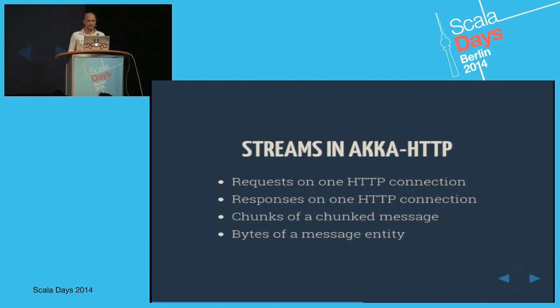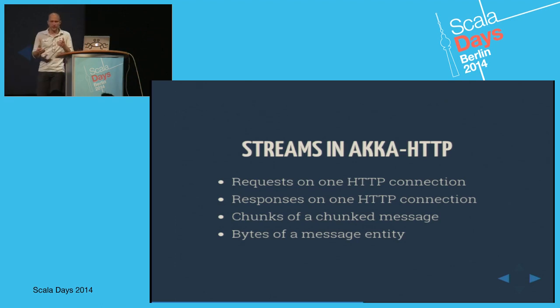It's another stream. Then if you think about chunked messages in HTTP, so messages that have transfer encoding chunked, they as well are a stream. There's a stream of chunks, maybe a stream of video or something that is being streamed. And even if you don't have a chunked message, you still might want to treat the bytes of the message, no matter whether it's a request or a response, as a stream of bytes.